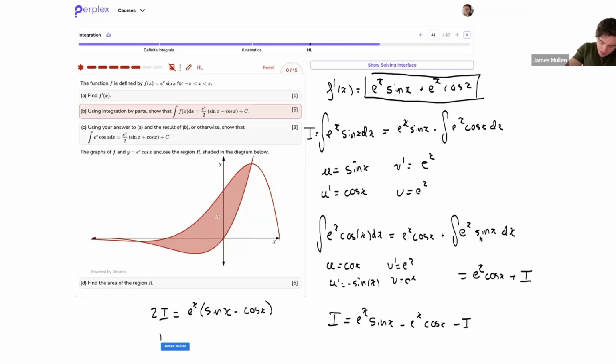And I divide by 2, and I get I is equal to half e to the x, or e to the x over 2, sin x minus cos x. Okay? Nice. Let's clear the screen, and we'll continue from there.